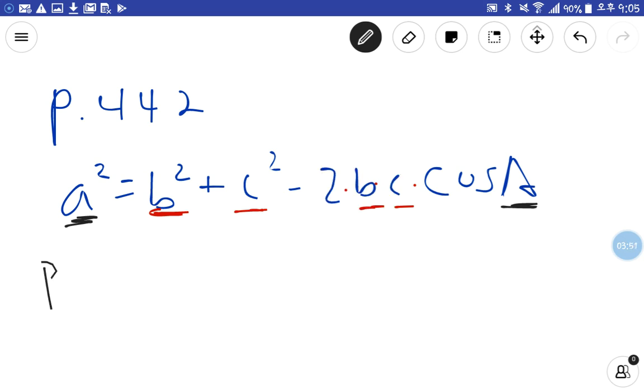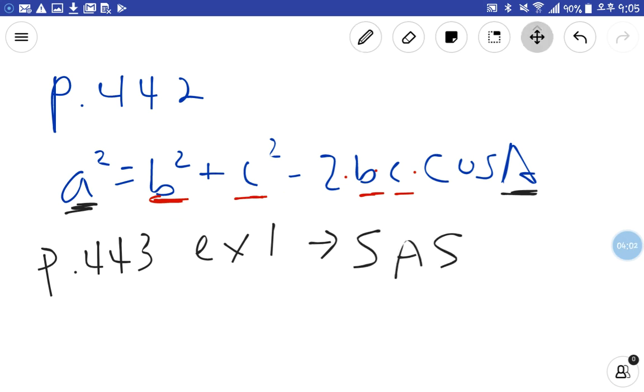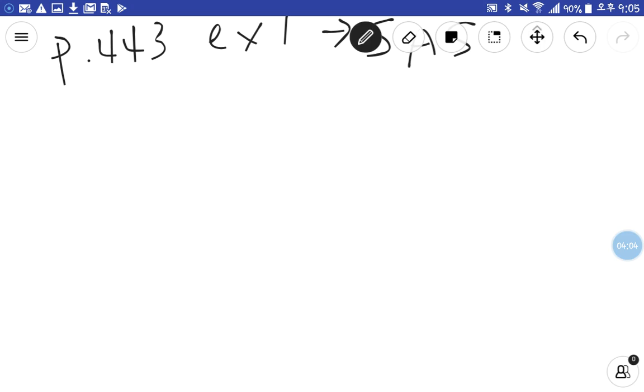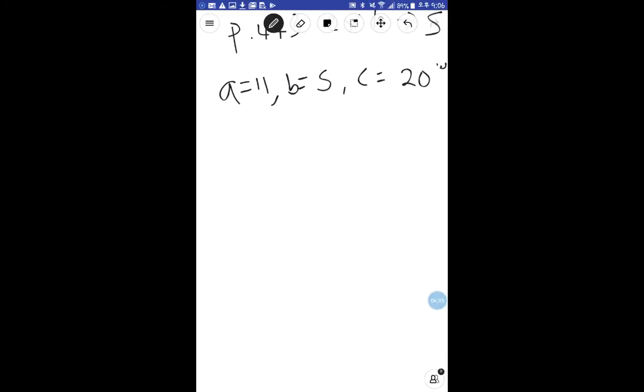Alright, so page 443, example 1. This situation is a SAS situation, which is a side, angle, side, where the angle should be between the two sides. Solve triangle ABC given that a equals 11, b equals 5, and C equals 20 degrees. Can you please look at page 443 all the way left?